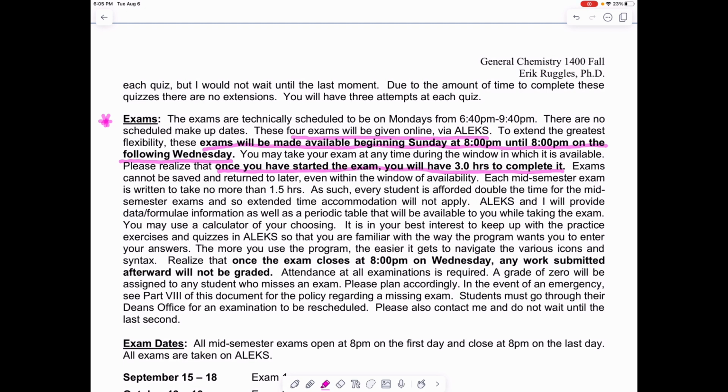Each semester exam is written to take no more than 1.5 hours. Generally, students are done within that time frame. But you have the full 3-hour opportunity to take the exam. So that affords basically double time to everybody for those mid-semester exams.